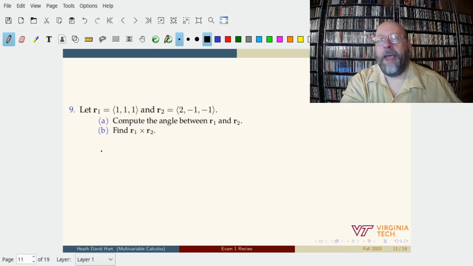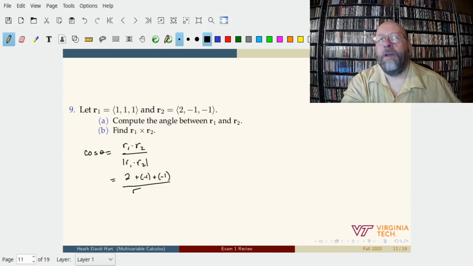Let's compute the angle between R1 and R2. So the formula for the angle is that the cosine of the angle is equal to the dot product over the magnitudes. But if we work out the dot product, in this case it's 2 plus negative 1 plus negative 1.